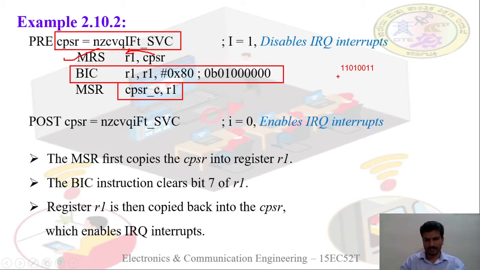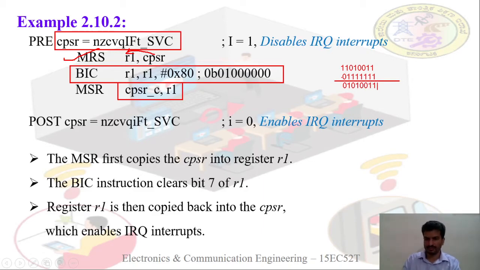If we complement this value, 1 becomes 0 and the remaining bits will be 1 1 1 1 1 1 1. We need to perform a logical AND operation between these two values. Now this becomes 0 1 0 1 0 0 1 1.